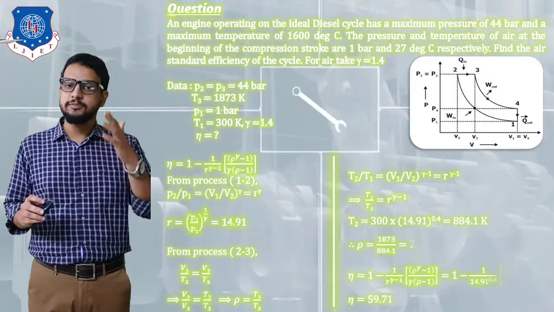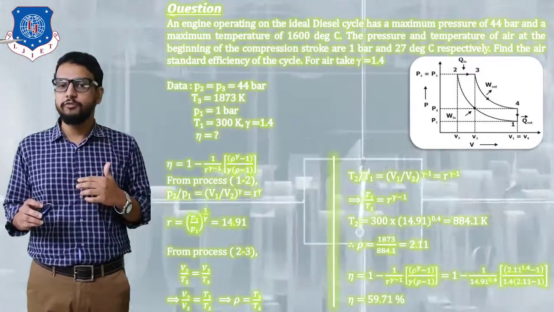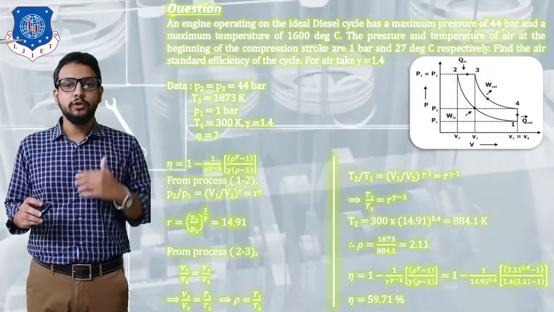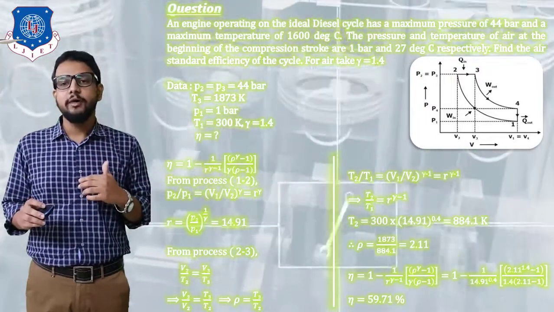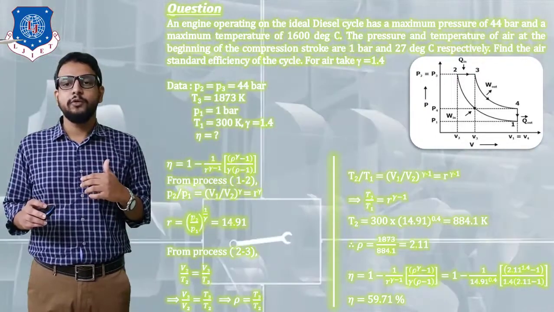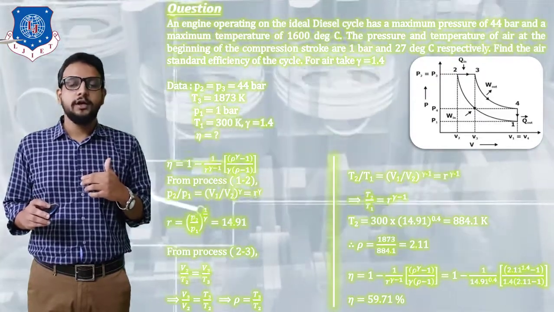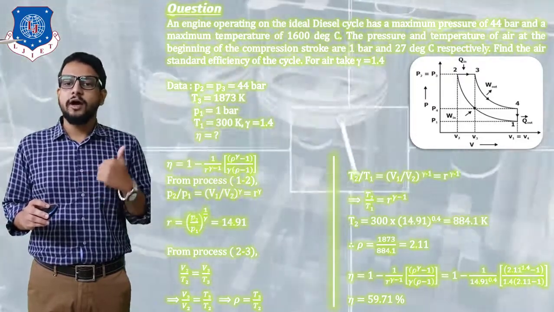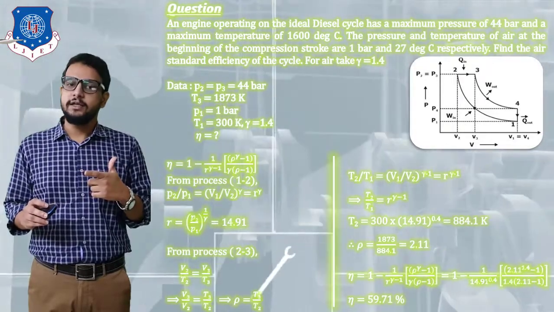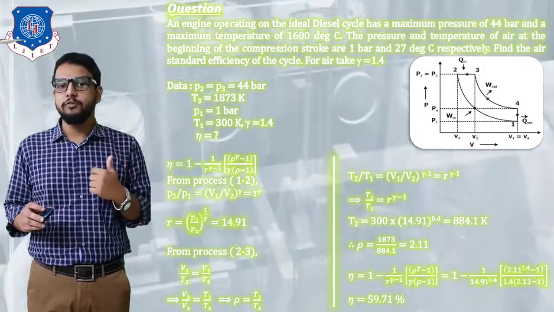Now we can directly substitute this value of T2 in our equation of rho. So we get rho is equal to 1873 upon 884.1. Finally, the answer for rho is 2.11. Up till here we have found out r and rho, so we can directly substitute these values in our equation of eta.